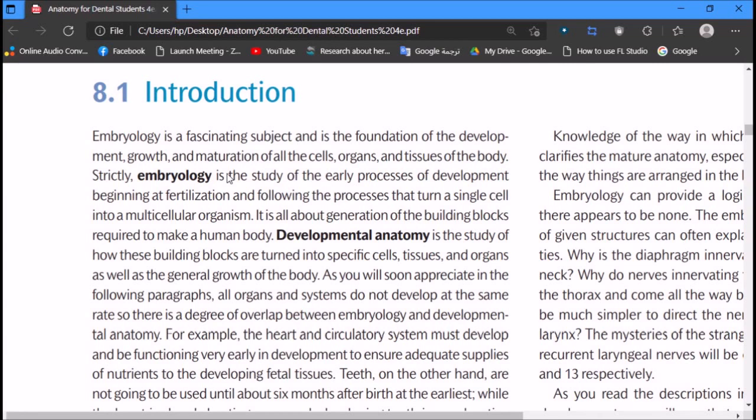The subsequent development of specific systems, the circulatory, respiratory, nervous, and structures forming the head and neck, are dealt with in the corresponding sections describing anatomy.